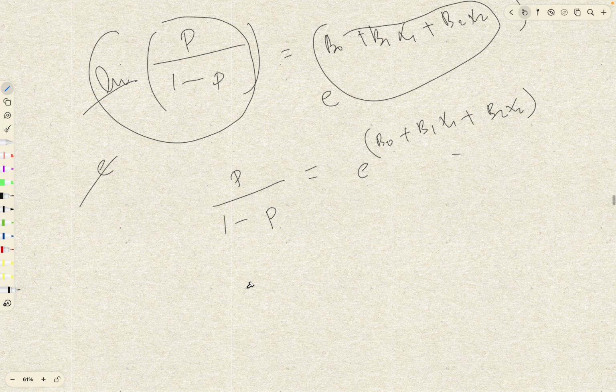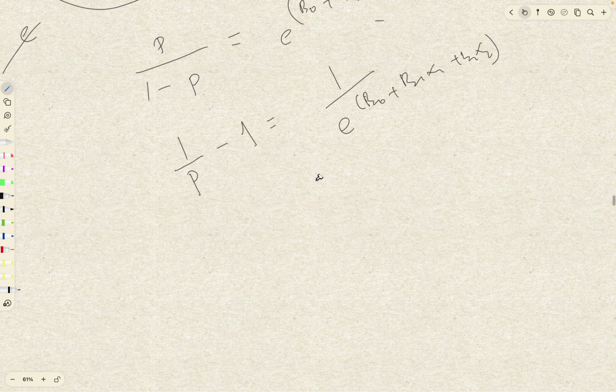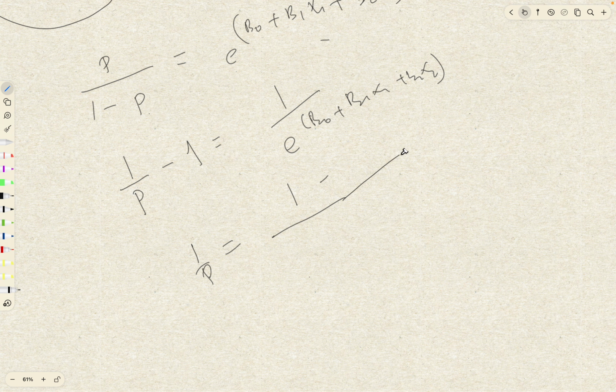And how do we find p here? We can write it as 1 divided by p minus 1, and then we take minus 1 here, then what happens is that we get 1 over 1 plus, yeah, we write it like this.